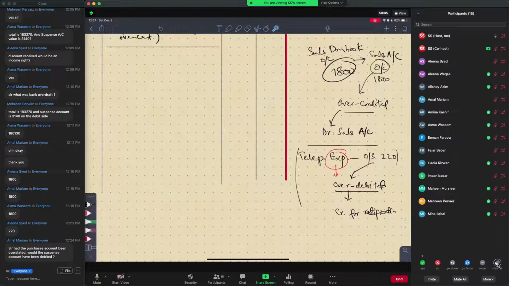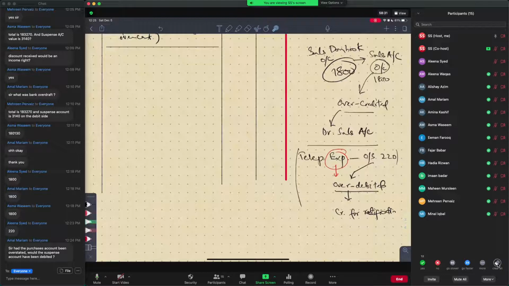Amal, you asked: had the purchases account been overstated, would suspense account have been debited? Amal, you don't go directly to the suspense account; you always first fix the account that is involved. Suspense account is just going to fill in the gap. Suspense account's role is not more than that.